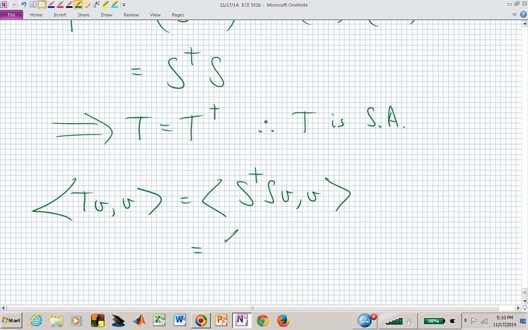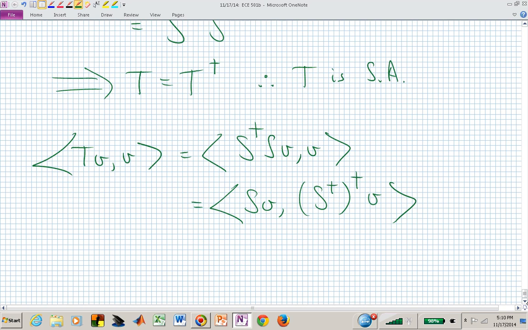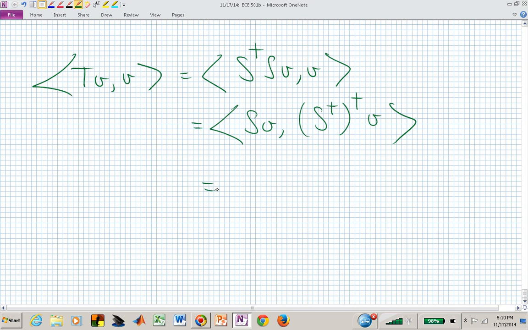Meaning we now have SV inner product with S dagger dagger V. Is that okay? That's the definition of the adjoint. But S dagger dagger is just S. And by definition of the inner product, those two slots being the same says that I now have a non-negative result.